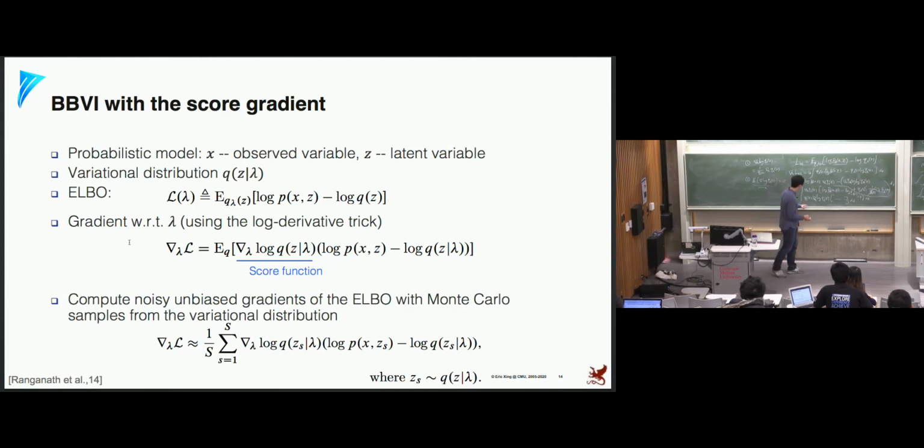Okay, so now do you notice something? This is a distribution, and an integral of a distribution multiplied by something else. So this is in the form of an expectation over q. So this term is equal to a bunch of terms minus 1.